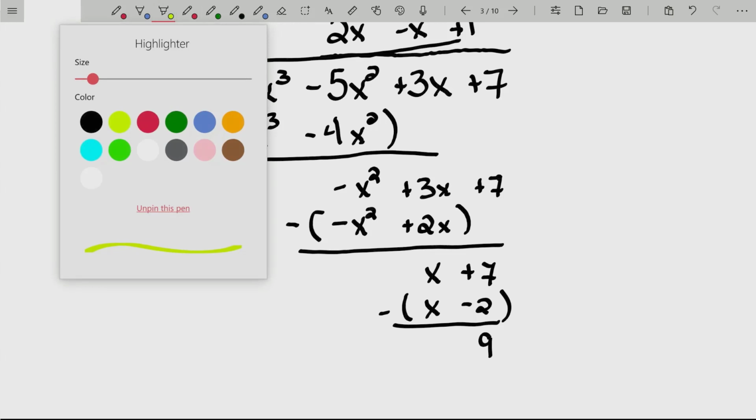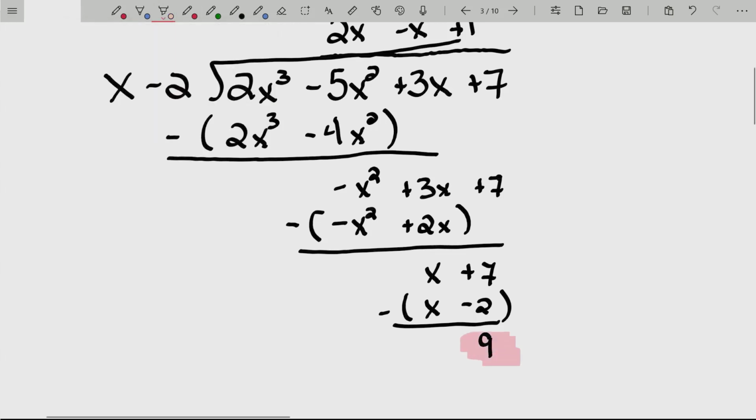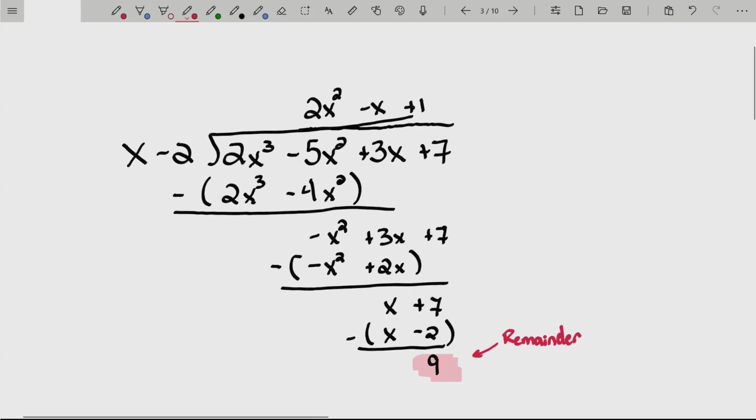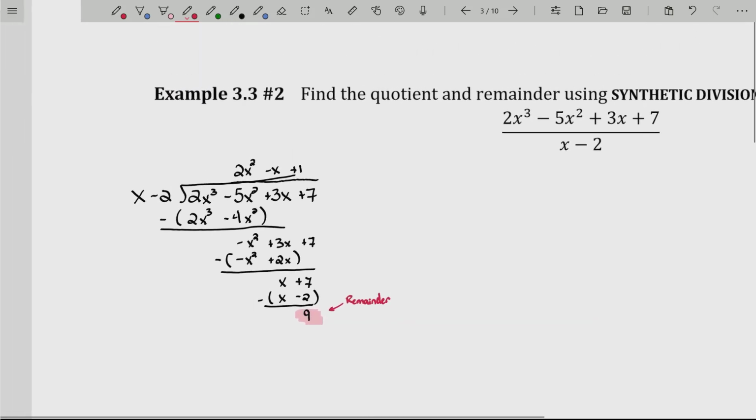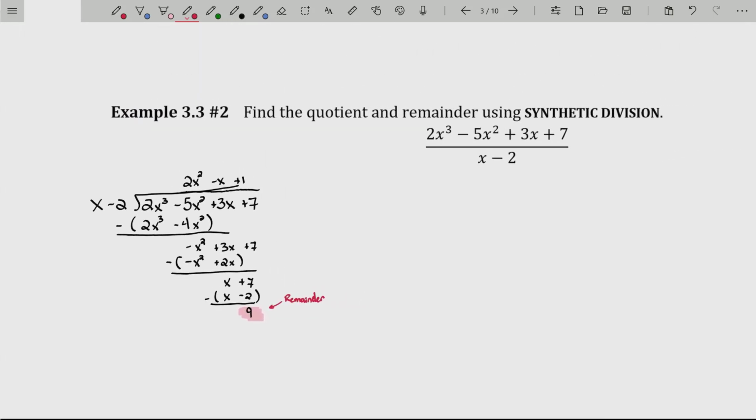And I'll highlight that in almost a red here, and I will write in red that that is the remainder. And so if somebody asked, which they kind of are in this situation, find the quotient and the remainder, well, the quotient is that. That's the quotient.